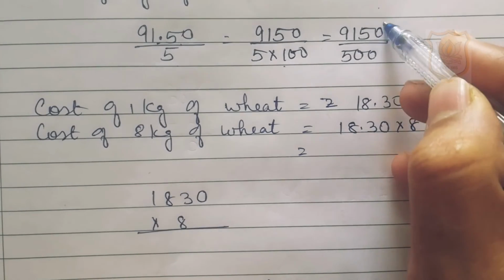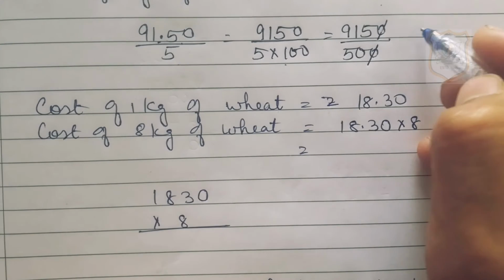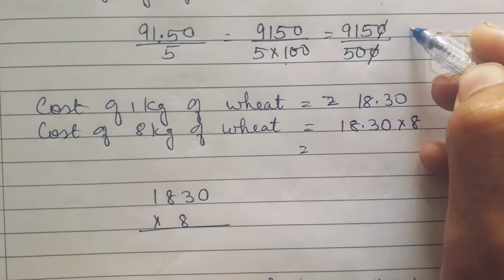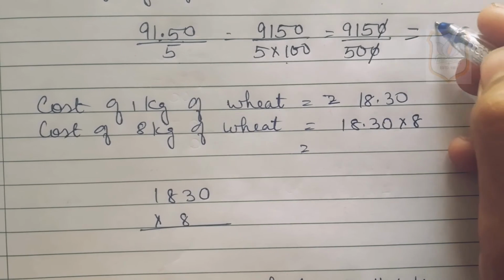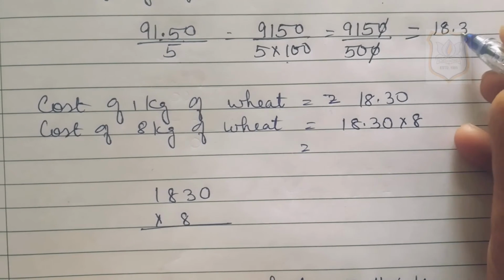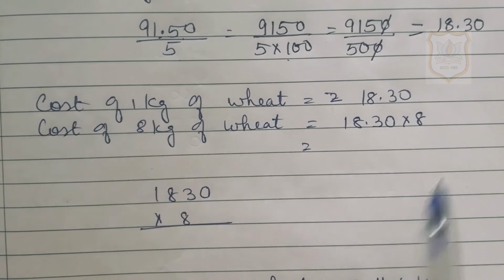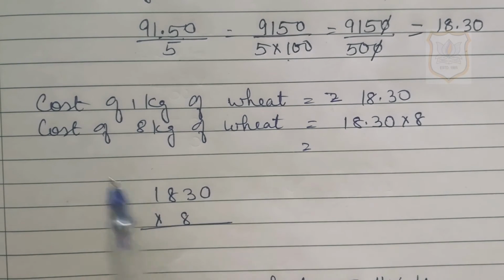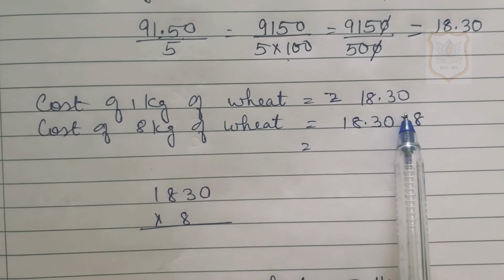Now we will cut 0 from above the line and 0 from below the line. Now we will divide 915 by 50. We will get 18.30 as an answer. So cost of 1 kg of wheat is equals to rupees 18.30.